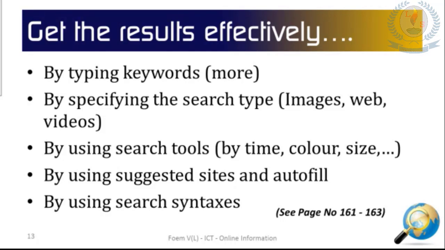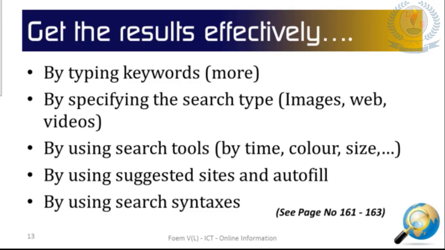Yes, you can type the keywords to find the information if you know the topic you want to find. By specifying the search type, you are thinking, I want to find an image, or a web result, or a video.